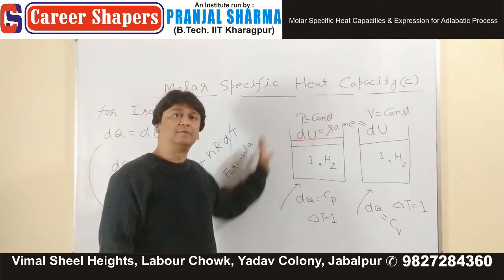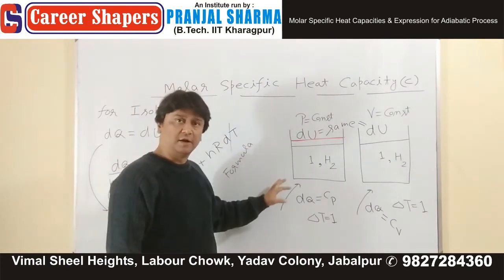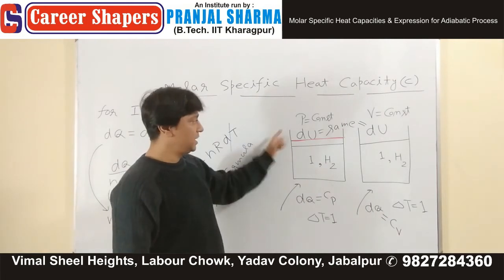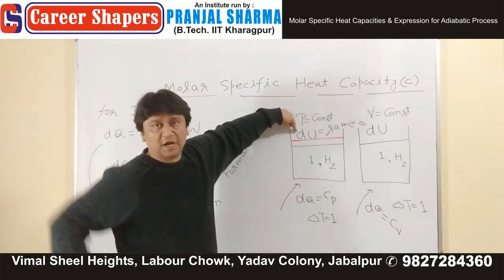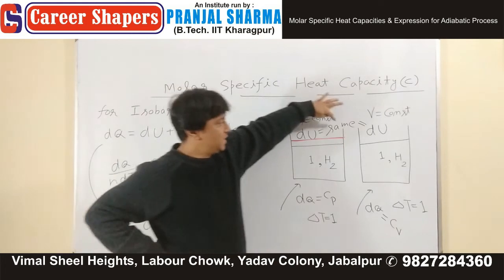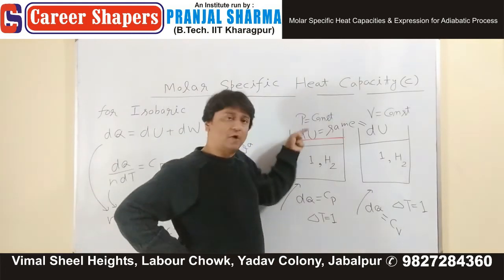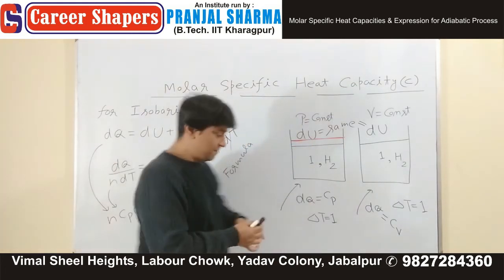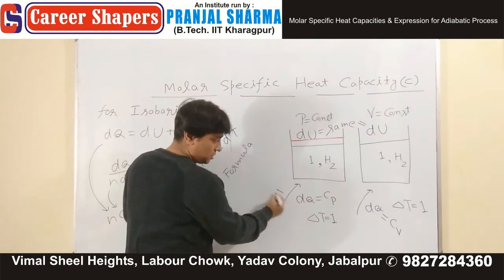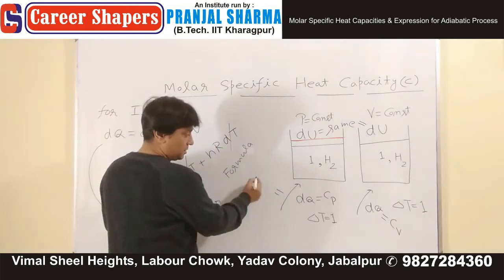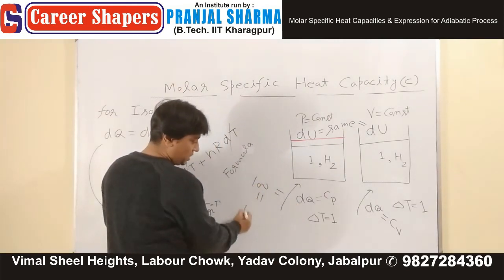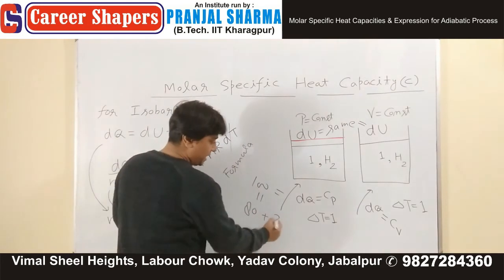That does some work. So you gave 100. Out of 100, 80 goes for what? Change in internal energy, and 20 goes for work. So you gave 100, and this 100 is what? 80 and 20.